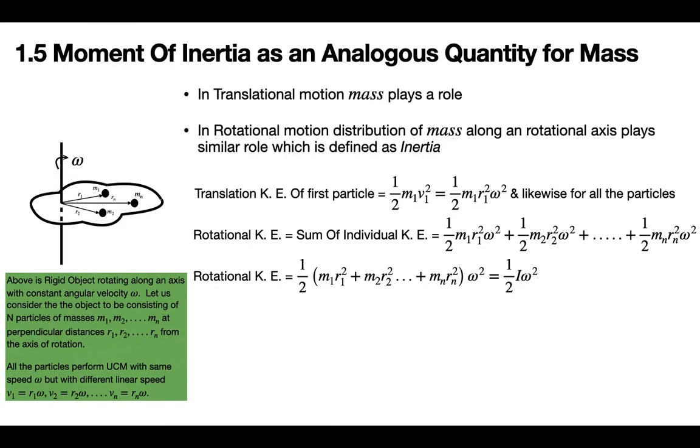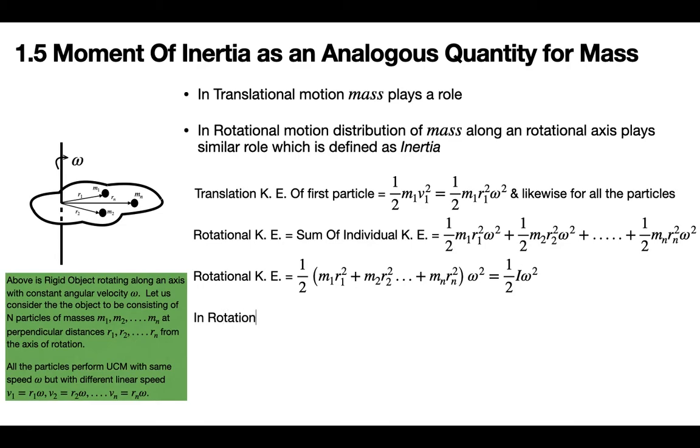So we can rewrite the equation as half, in bracket, m1 r1 square plus m2 r2 square up to mn rn square, times omega square, because omega is the same for each particle. This is equal to half I omega square.